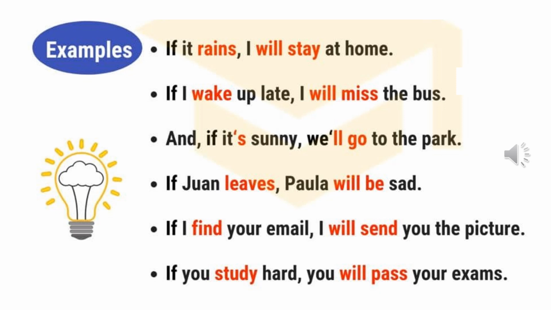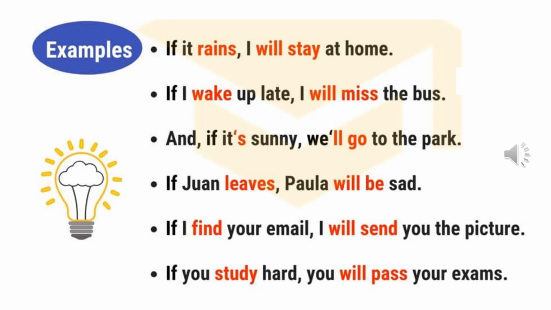And finally, we will have some examples related to first conditional. Number one, if it rains, I will stay at home. Number two, if I wake up late, I will miss the bus. Number three, if it is sunny, we'll go to the park.